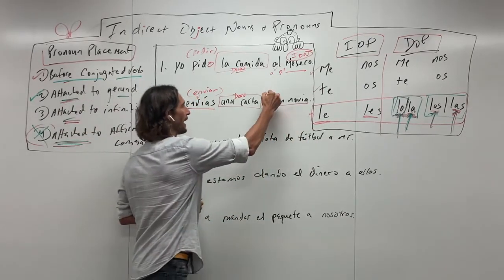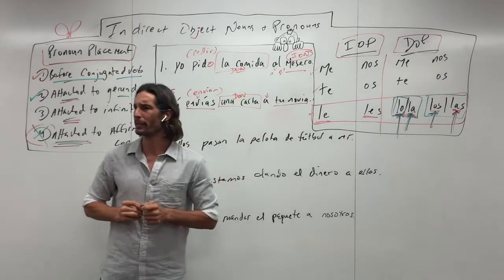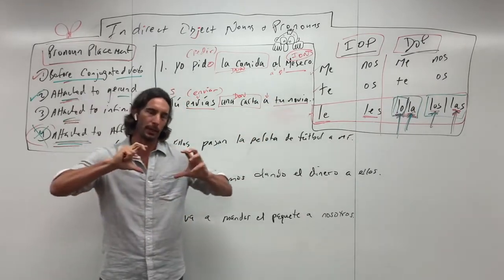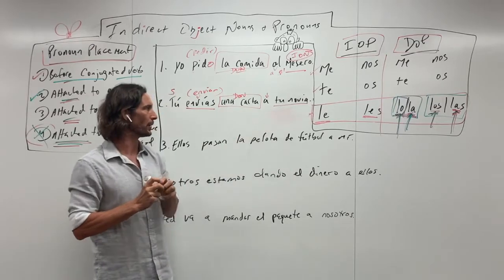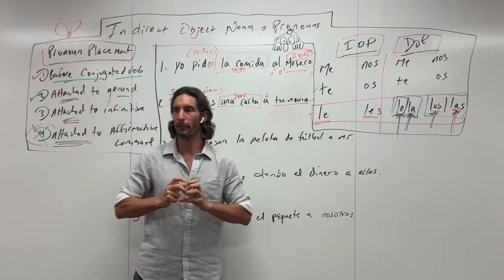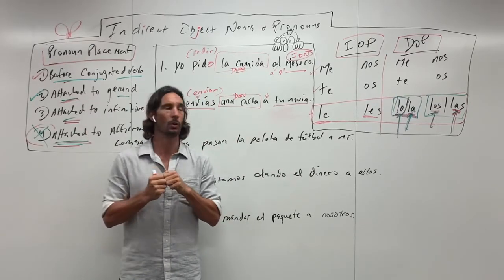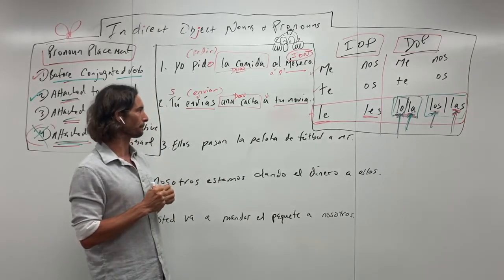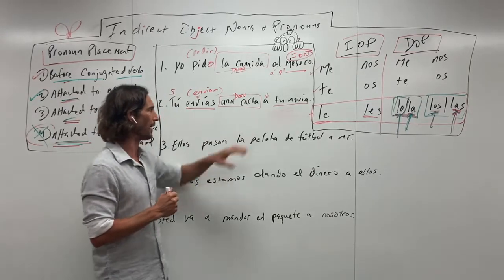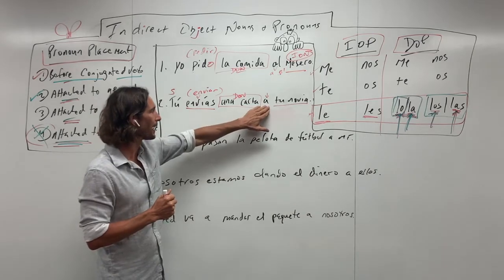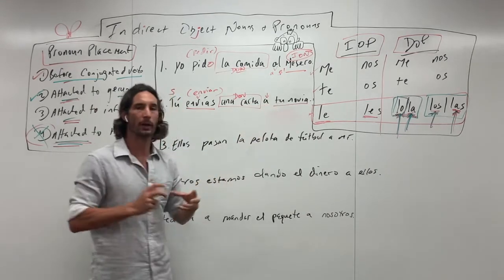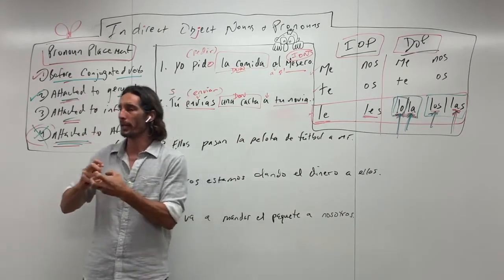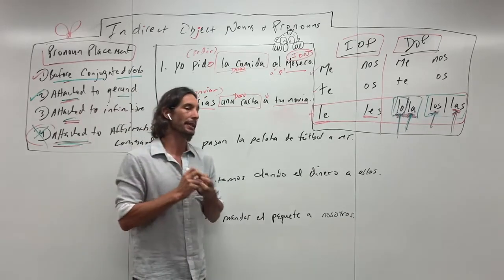And so this a functions effectively as a prepositional phrase, but it binds this individual, this person, if you will, to the sentence. So in this case, we have the preposition a, and then we have tu novia, which is binding or holding the indirect object noun to the sentence.